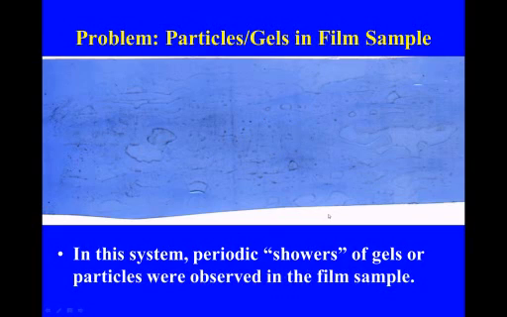You would go along fine, producing good product with uniform color and no defects, and all of a sudden you would get a shower of these blemishes and imperfections inside the film sample. The customer came to us and asked if we could help them determine what the problem is.